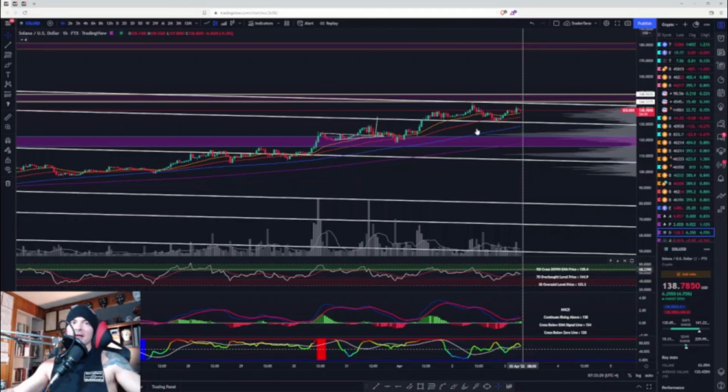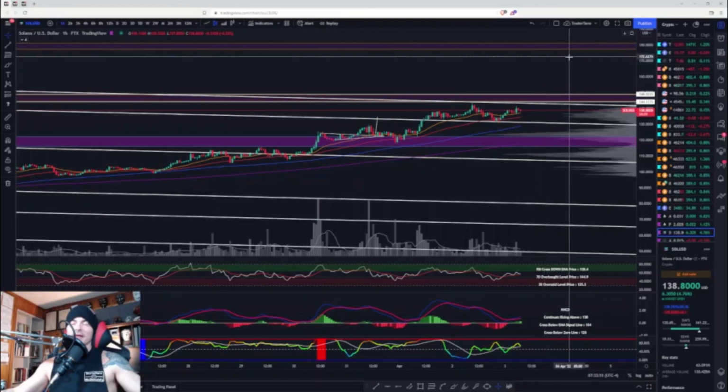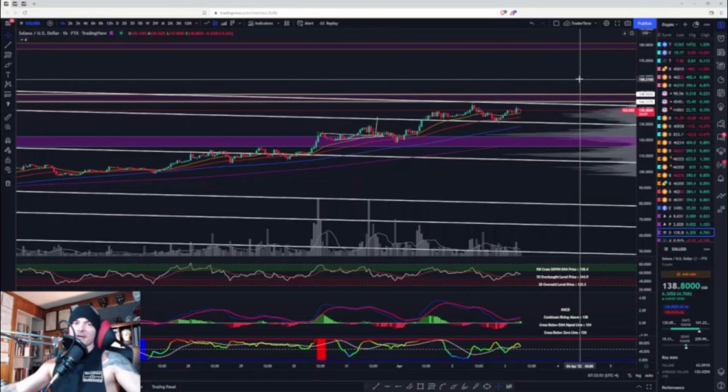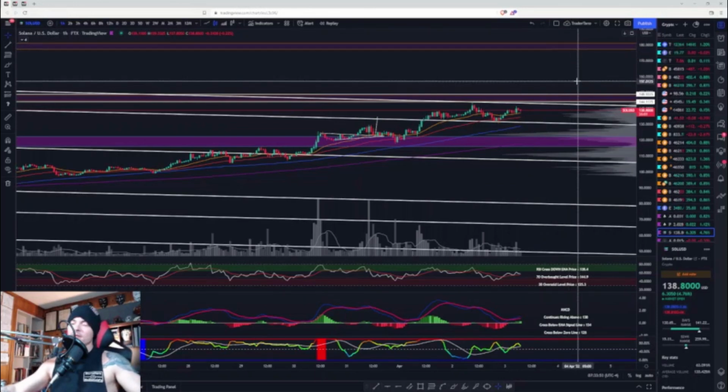Right now we're going sideways and the volatility's coming down. We need to pop that momentum back up, get back above 147, and then that's when we go up to 177.50, between 177 and 181, in my opinion. So yeah, those are my thoughts.